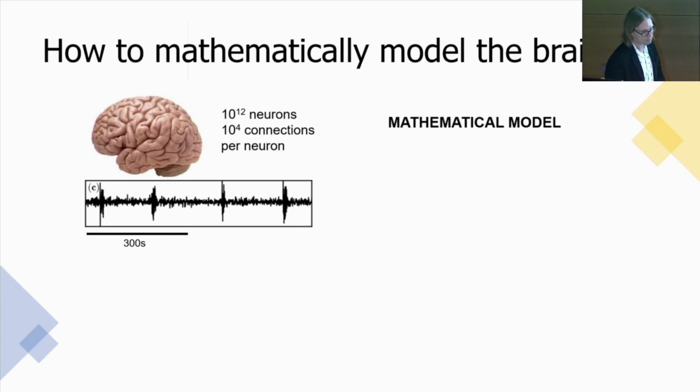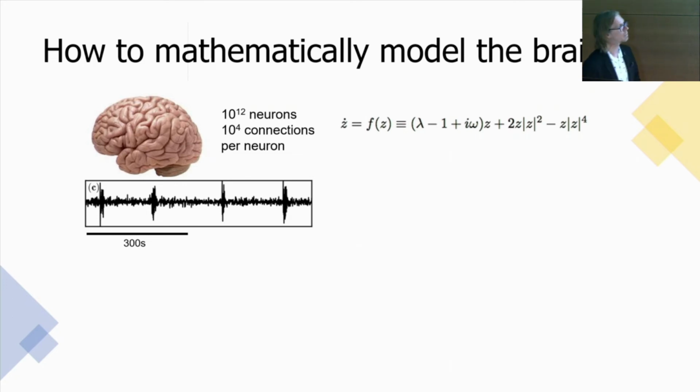So how do we model it? Well, we need a mathematical model, and I am going to put an equation up. And I propose that we can reduce the brain from all this complexity down to this single equation, give or take.